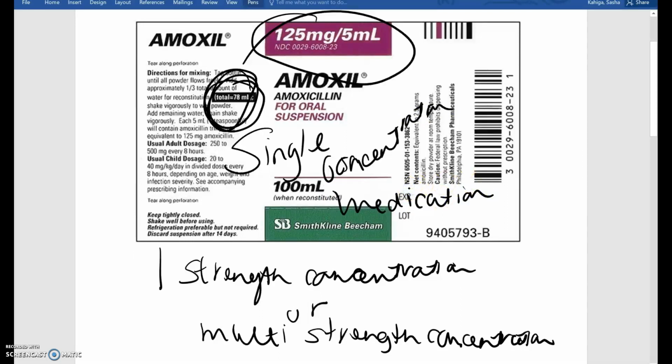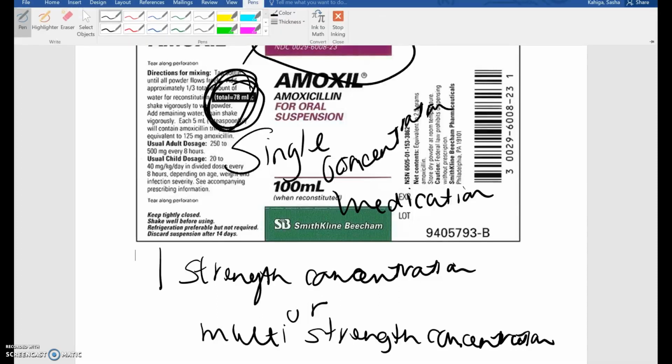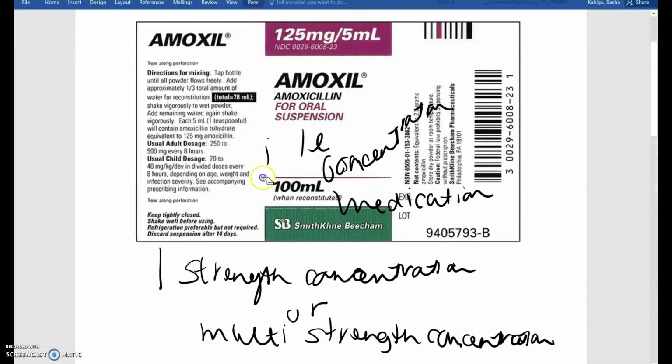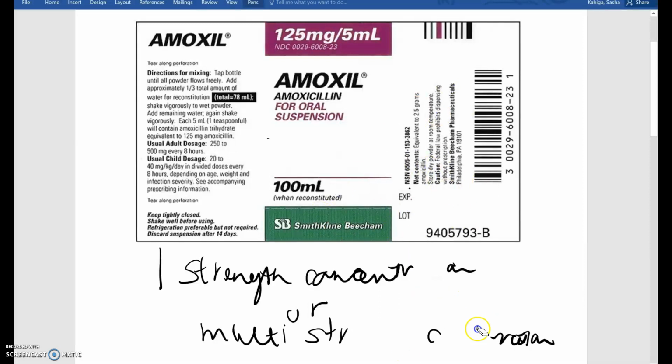Whenever you add the diluent volume to the powder in a container, if you get multiple dosage strengths, it's a multi-concentration medication. If you only get one dosage strength, it's a single concentration medication. So the amoxicillin is a single strength, or single concentration, medication.